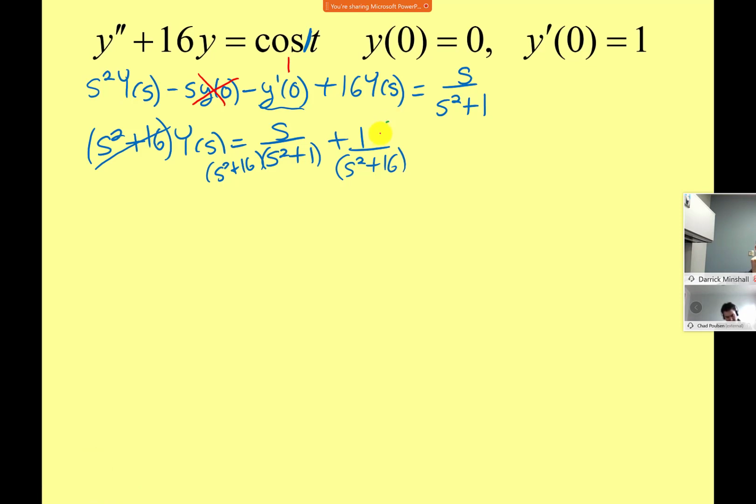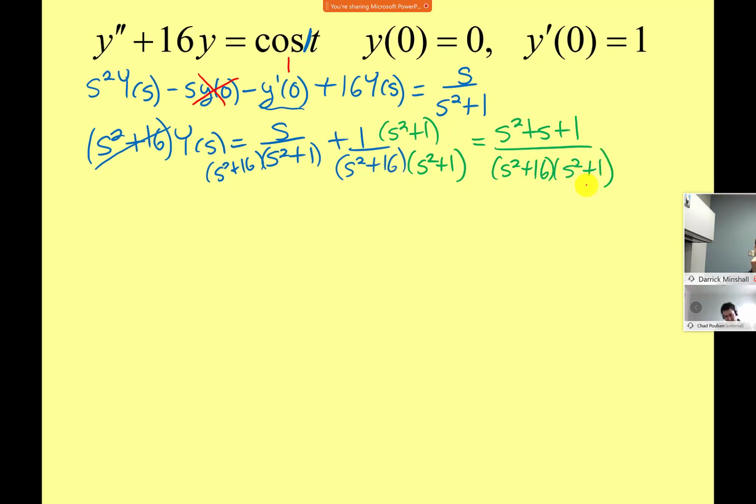So what I'm going to do is multiply this by s squared plus 1 top and bottom to get a common denominator. Alright, so my right hand side is now s squared plus s plus 1, just adding all the tops, and then I've got s squared plus 16 and s squared plus 1.